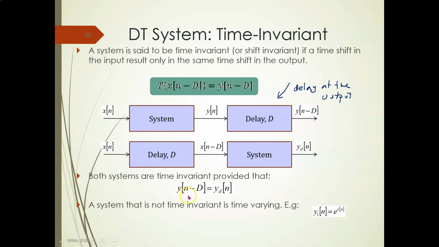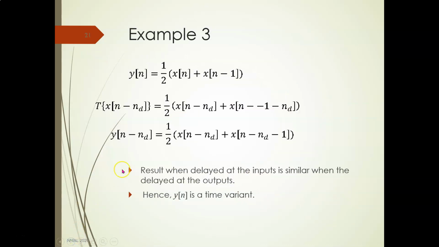So when the equation follows these properties, then we can say that the system is time invariant. It will not change, or it is independent of n. A system that does not follow this, we call time varying. This is some of the examples.